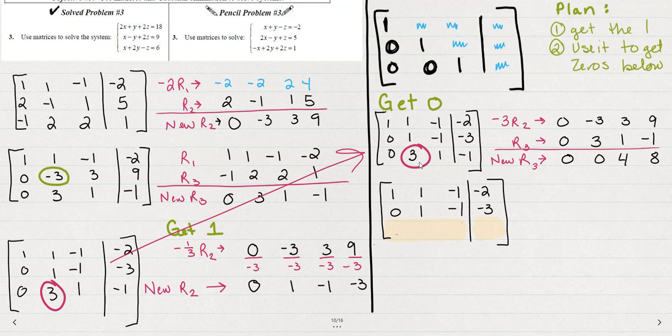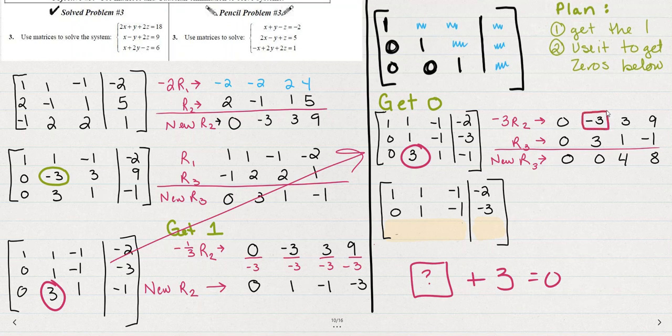But we want this 3 to be a 0. We can make this 3 a 0 by bouncing off of the 1 above it and then adding it to the 3. Because what I'm thinking of is, what could I add to 3 to get a 0? I could add a -3.